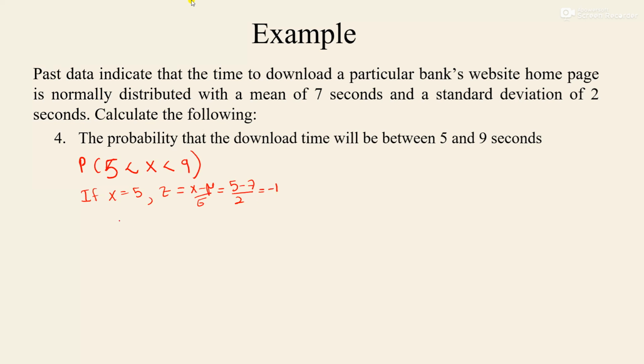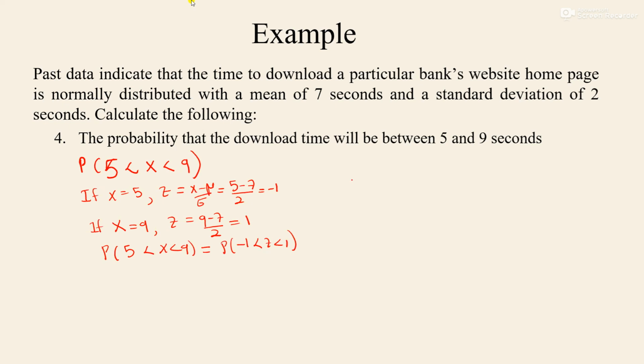Similarly, if X equals 9, that is 9 minus 7 over 2, which is 1. So the probability of 5 less than X less than 9 is the probability of minus 1 less than z less than 1.